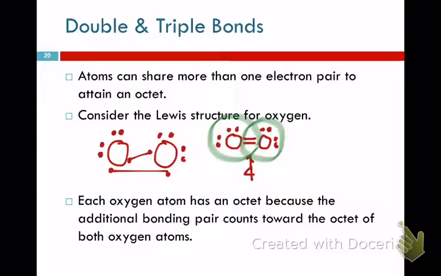That's 8 electrons. Then do the other one. 1, right? 2, I'm counting pairs. 3, 4 pairs, that's also 8 electrons. So both of them are happy, they have their octet.